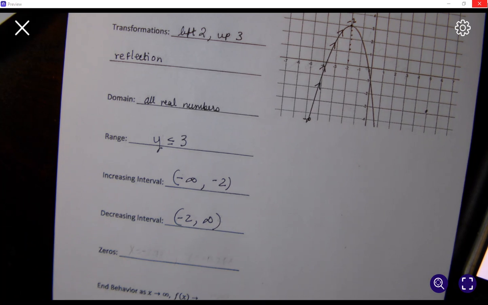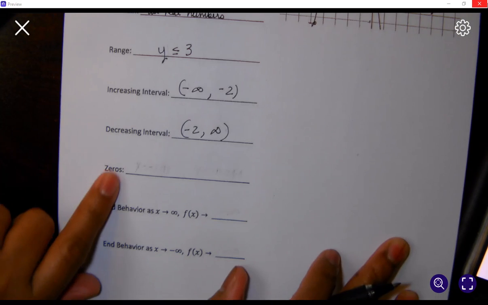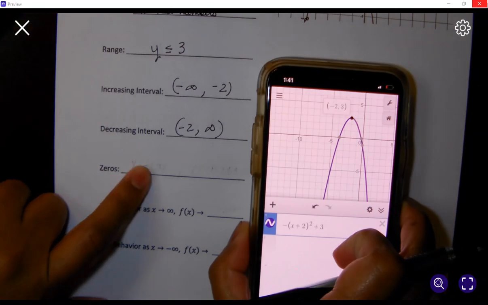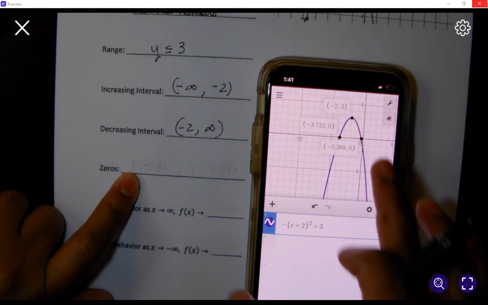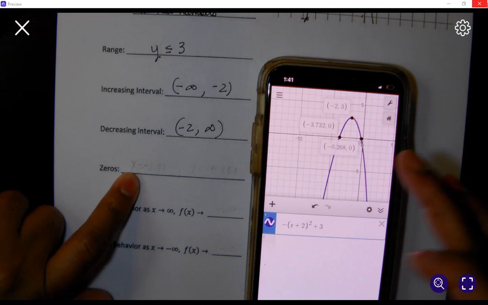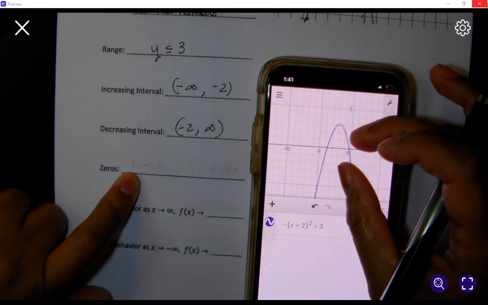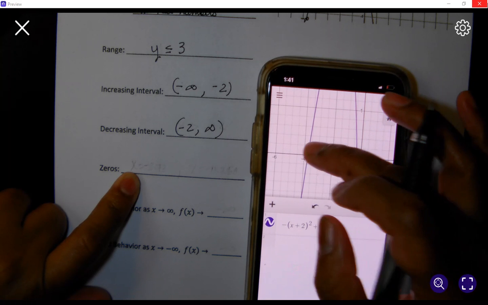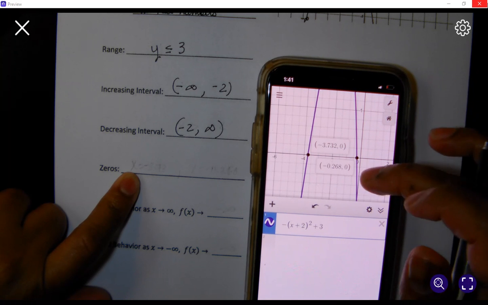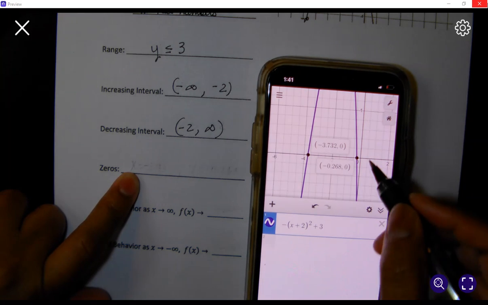Now where is it crossing the x-axis? Desmos does a really good job if it's a decimal. Is that the y-intercept? No, that's the x-intercept because my y is 0.